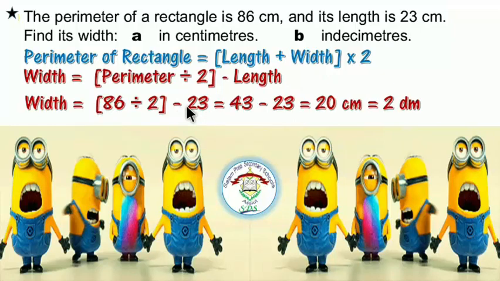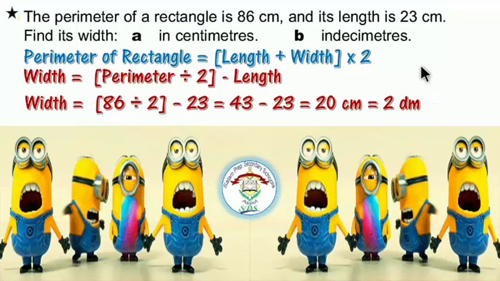Okay? 86 divided by 2 equals 43, minus 23 equals 20 centimeters. Take care, it's required in centimeters and in decimeters. So 20 centimeters equals 2 decimeters.